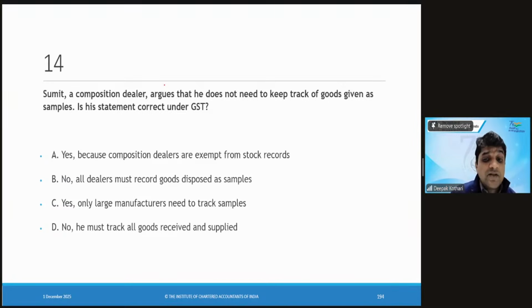The supplier can disperse huge stock implying as samples to a wide number of people, correct? So that's why there's a control there, because in terms of taxes, even if you're making supplies which are free samples, the input tax credit has to be reversed.